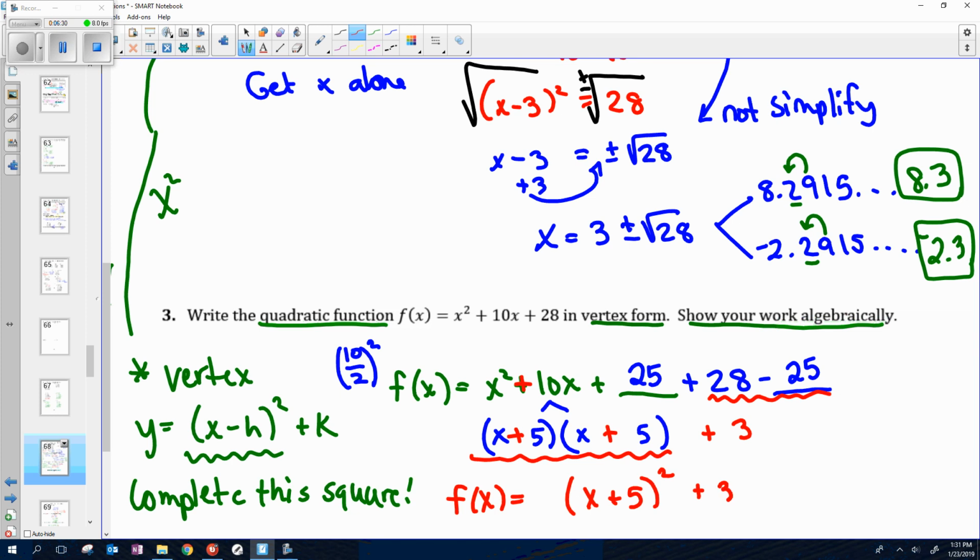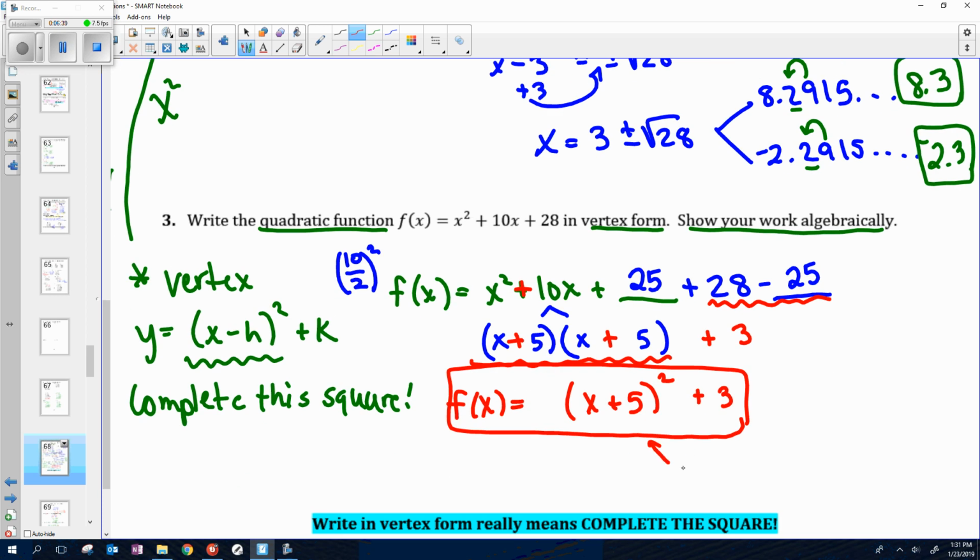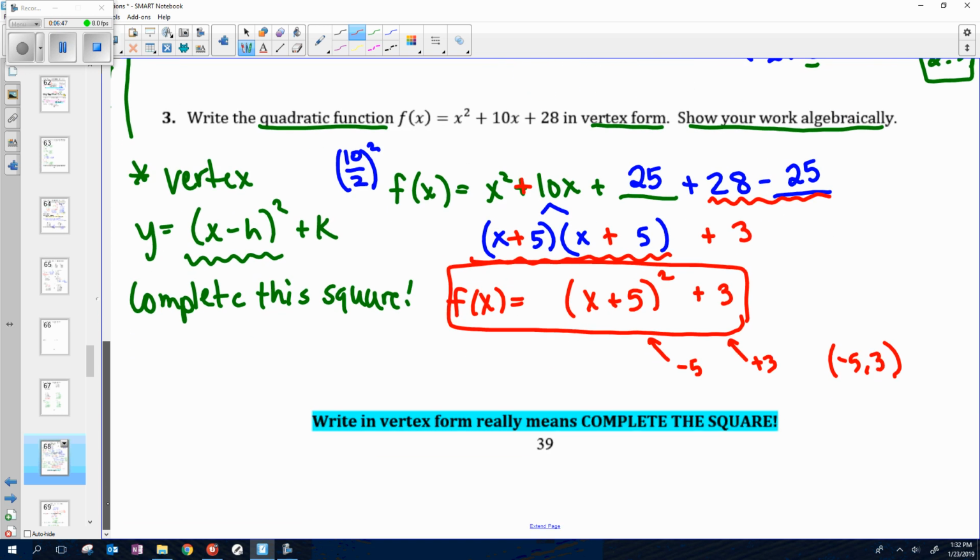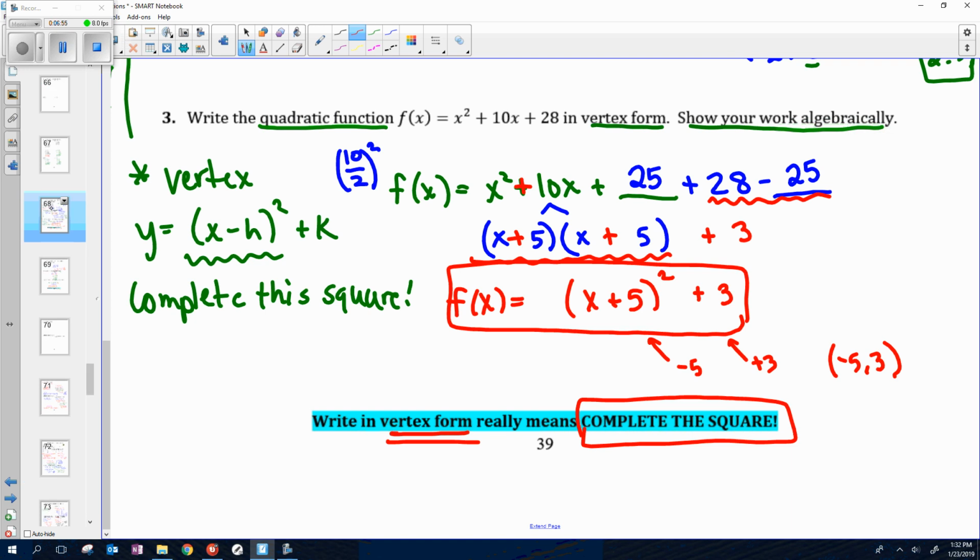So plus 3 makes my vertex form. In case they ask, the vertex is (-5, 3). But they didn't ask. That was just for fun. So remember, writing in vertex form usually means complete the square. And there's a reason why we did that if you turn the page.